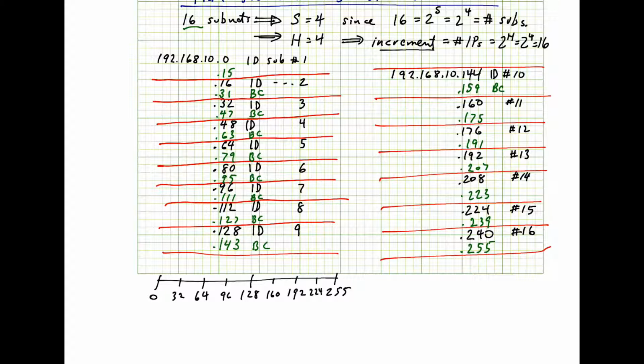And if we divide it up again, we'll see all these numbers that we've got. Okay? And so we're literally just dividing the number line up into little chunks of size 16. And they give us the subnet IDs and the broadcast addresses of all those subnets.